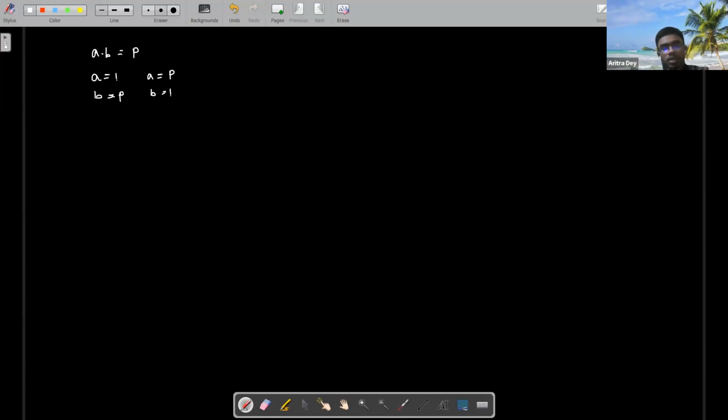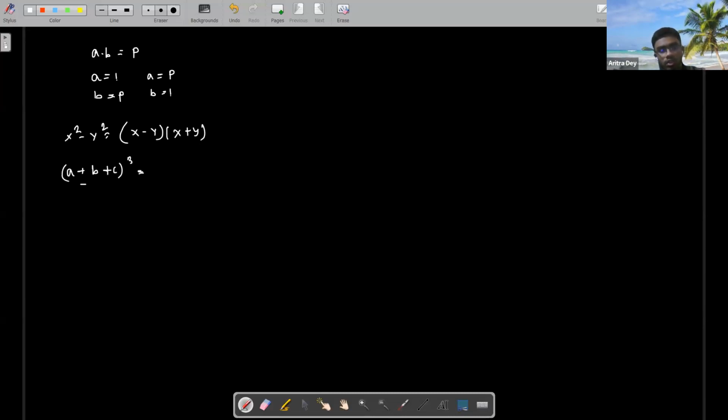Another important thing is some algebraic manipulation. Especially this is very helpful: x square minus y square equals x minus y into x plus y. This identity is important. I know all of you know this from the past. Another identity: a plus b plus c whole cube.